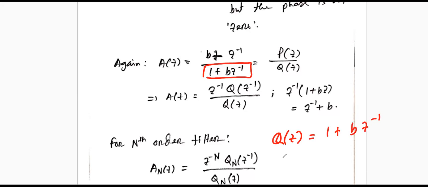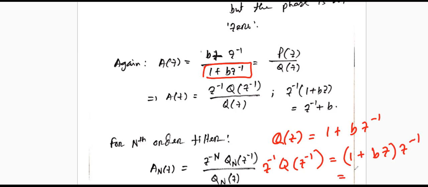What we are doing is z to the power q, Q(z to the power minus 1), that is of course 1 plus bz, and now multiplied with z to the power minus 1, that means it will give the value z to the power minus 1 plus b.